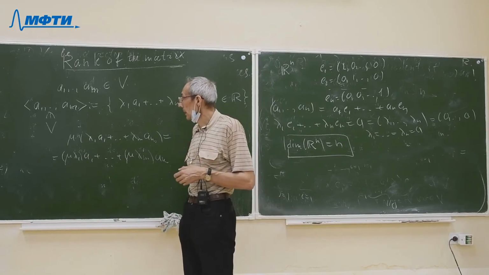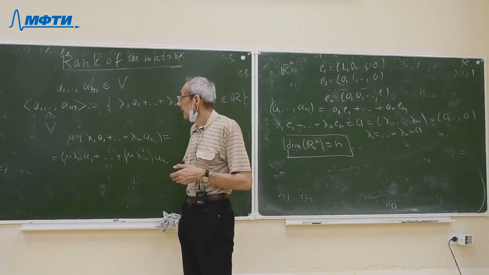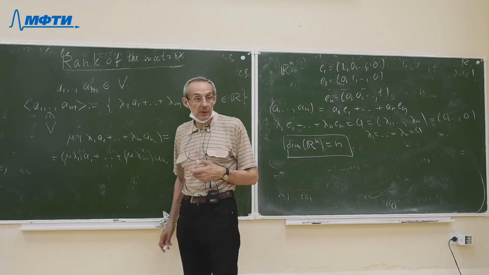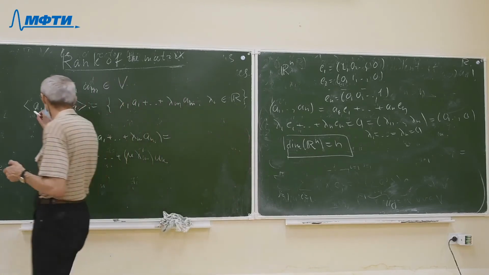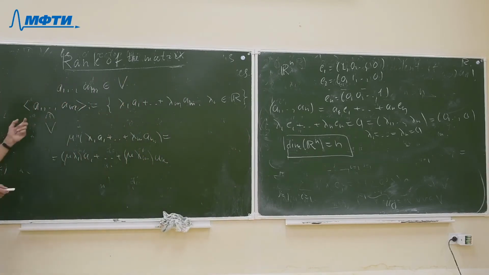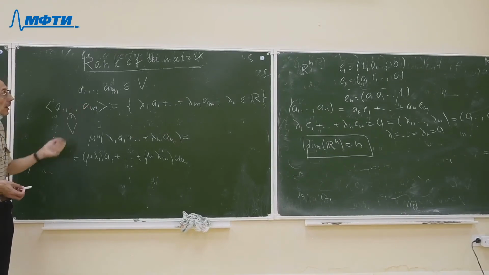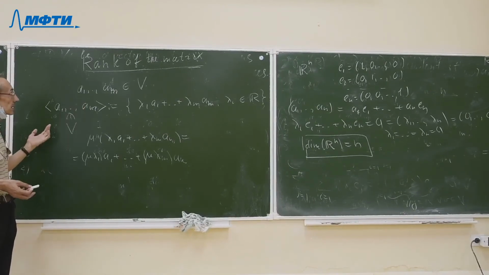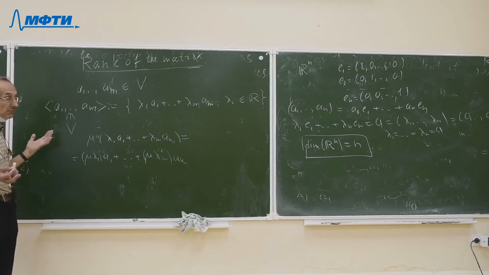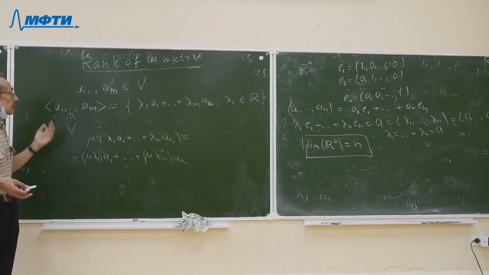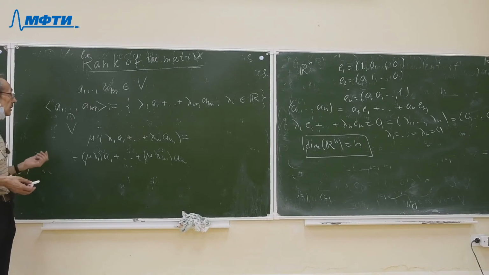And I can consider the dimension of this vector space. These elements can be linearly dependent, and the dimension can be less than the number of these vectors. The system can be a generating system, but not linearly independent. But I can choose some of these vectors which generate this linear span and are linearly independent. These vectors form the basis.